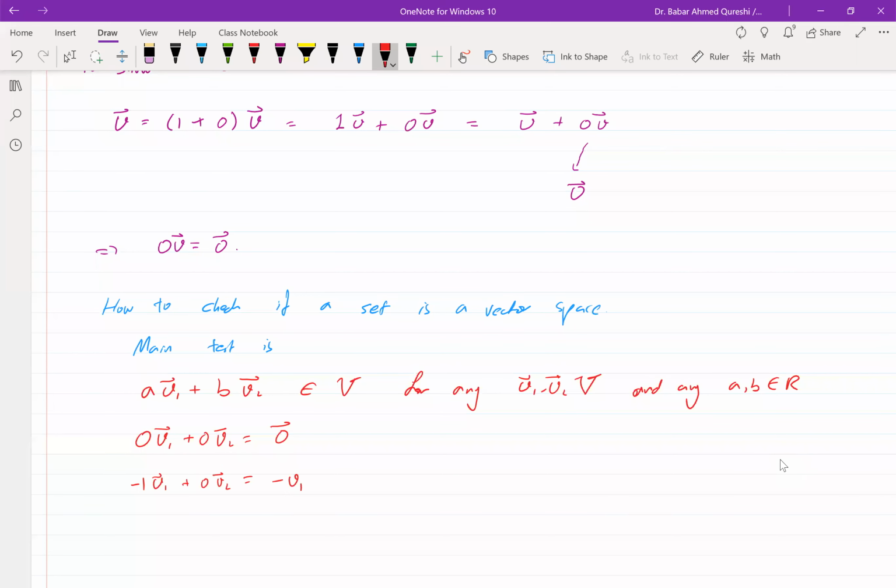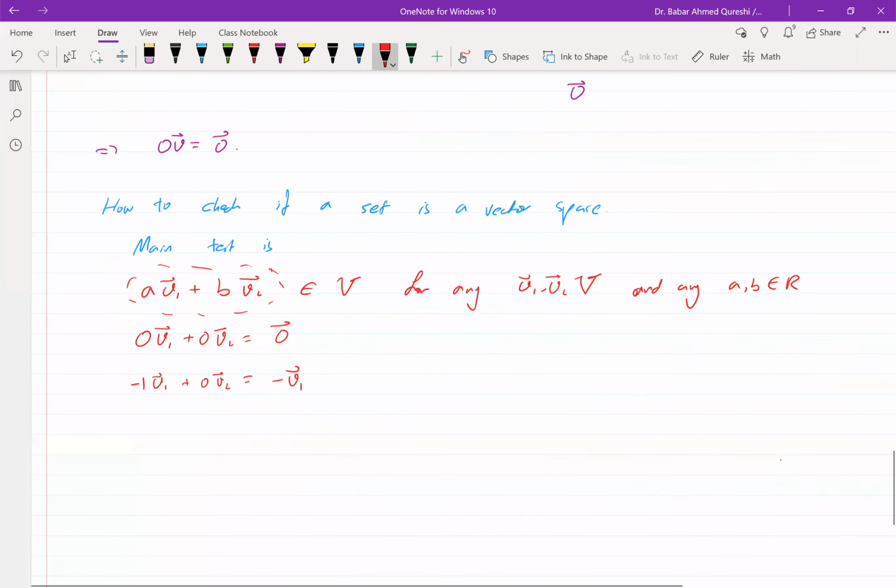This will give me minus V1 for an arbitrary V1. So the inverse vector, the reverse vector, will also exist. So the main thing to test is this. The main property of vectors is that you can add them and you can scale them. So you can multiply with numbers and then you can add these objects. So if you are able to do that, other things usually follow.